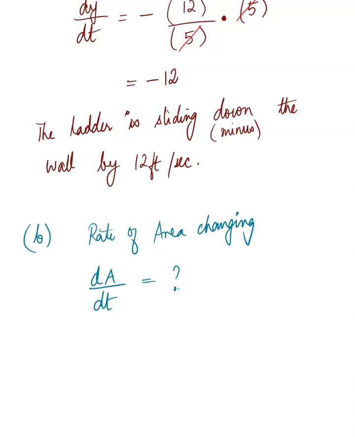So now I have to find another relation from geometry. We saw the Pythagorean theorem gave us the relationship between the sides of the triangle. But here we're not particular about the sides, we're interested in the area of the triangle. The area of a triangle is half times base times height.